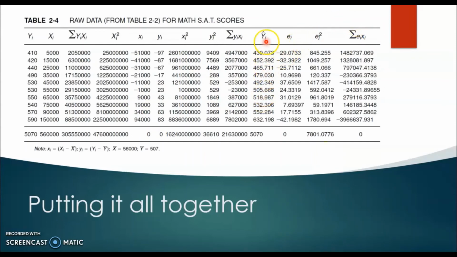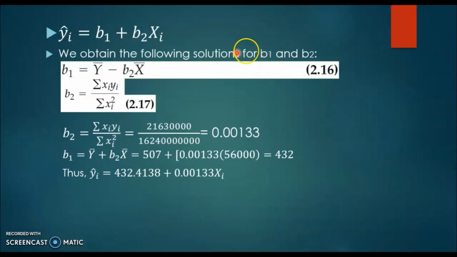So how do we get the predicted value of y here? Well, in order to answer that question, we refer back to this same equation where we know that the predicted y is equal to b1 plus b2 xi.